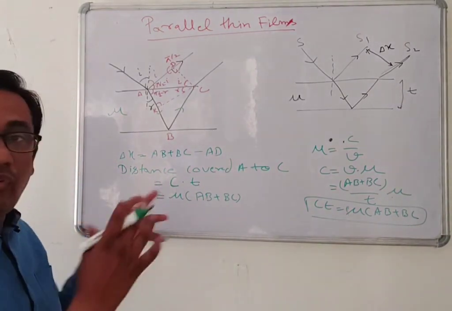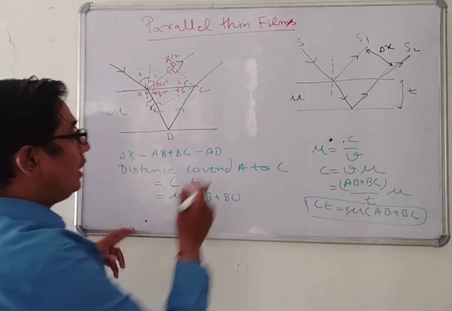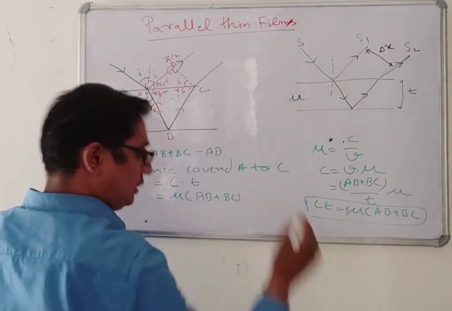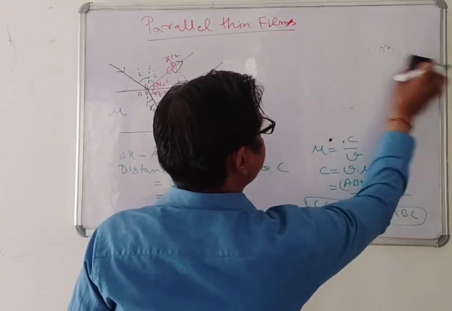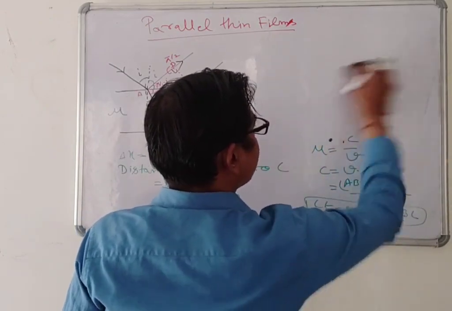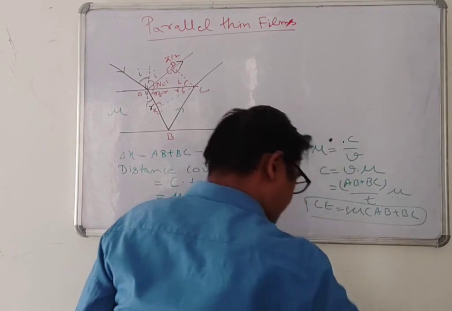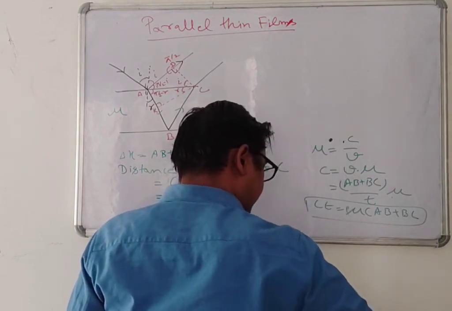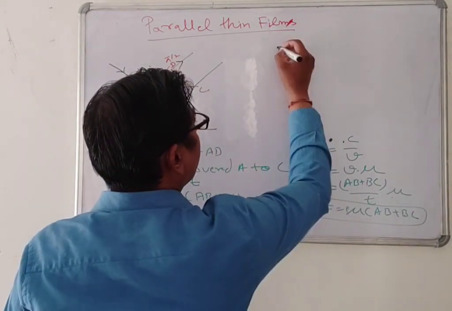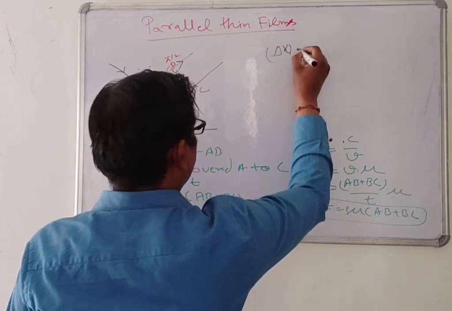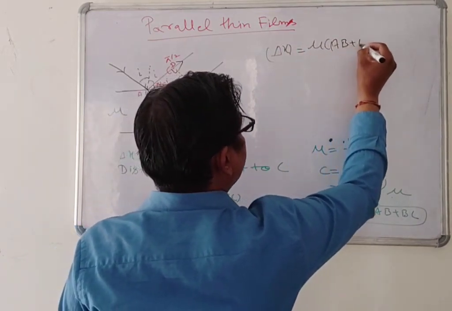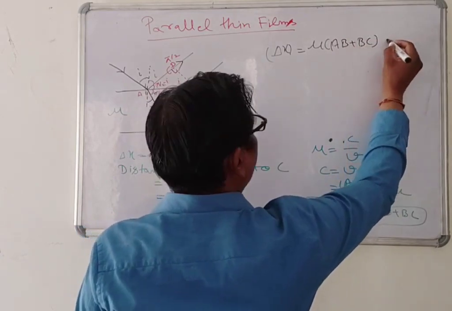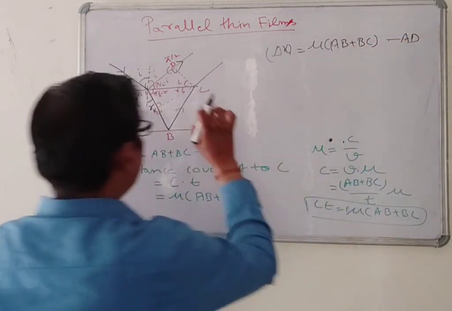So finally we can write the optical path difference delta x is equal to mu (AB plus BC) minus AD.